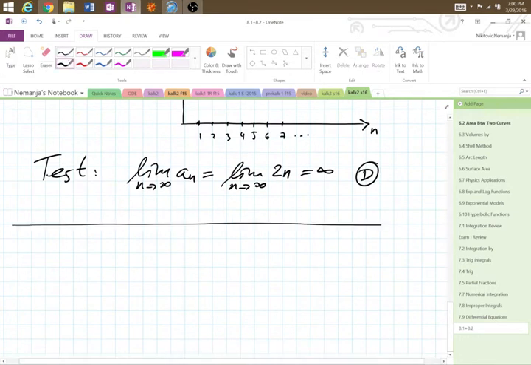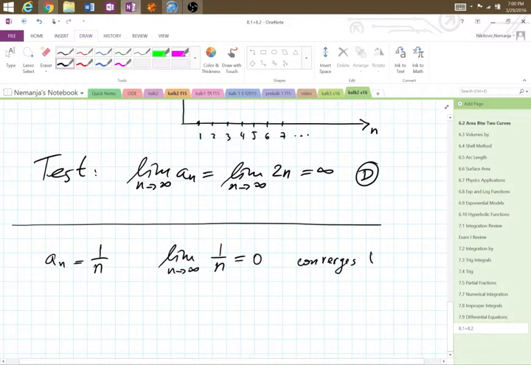So let's take a look at another example. Let's say you have a_n is 1 over n. Well, we immediately test that with the limit. The limit as n goes to infinity of 1 over n, and the answer is 0. Converges to 0.